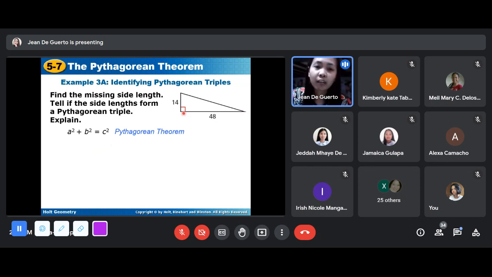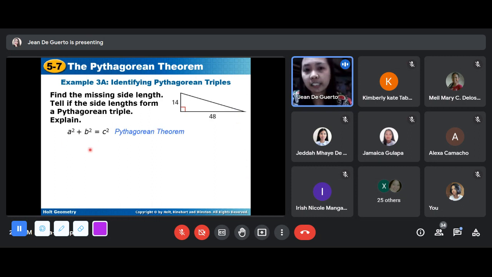Okay? While 14 and 48, pwede nyong i-substitute yung 14 dun sa shorter, dun sa A, tapos yung 48 dun sa B. Like what I have said, ang common na representation para sa shorter leg is A, tapos yung B, yung longer leg. Okay? Yun lang yung common na ginagamit to represent the shorter leg, yung A. But nonetheless, pareho lang din yan.